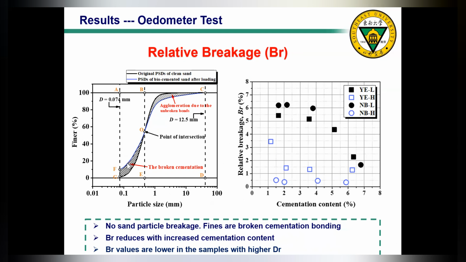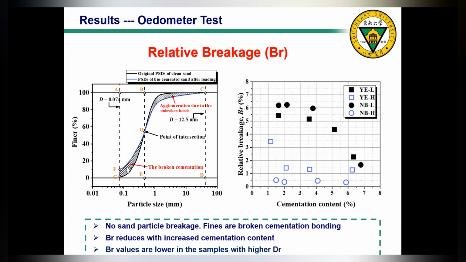Interestingly, for the parts smaller than 0.6, the curve moves to the top of that of clean sand. So it means that we have more fine particles generated during the compression process.